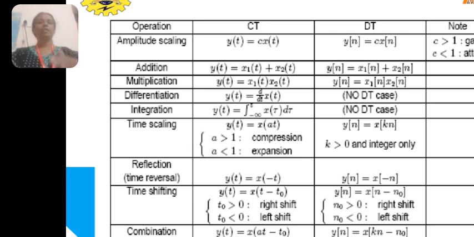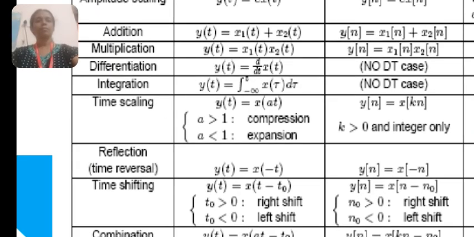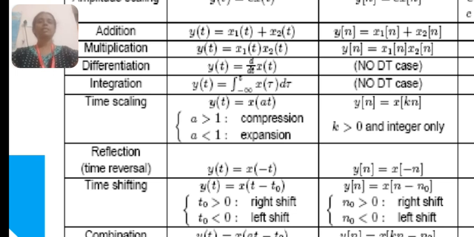If the time shift t naught is greater than 0, then it moves towards the right, and if it is less than 0, it moves towards the left. The same is true for discrete time also. For example, y of n is equal to x of n minus n naught, where n naught represents the amount of time shift. If n naught is greater than 0, then the signal is shifted towards the right side, and if it is less than 0, the original signal will be shifted towards the left side.